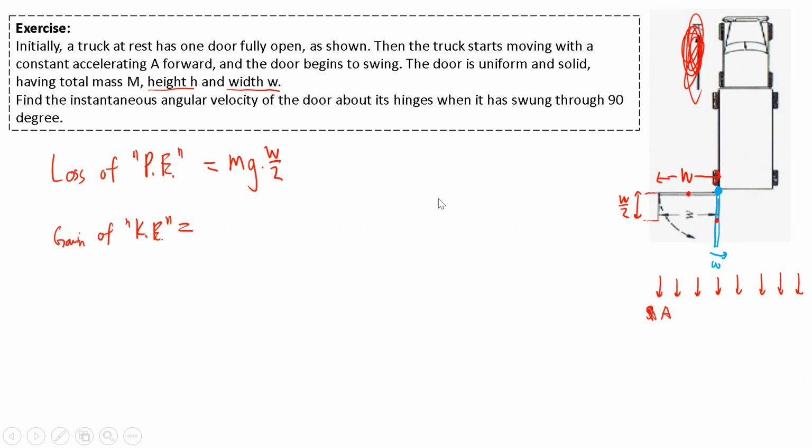So what is the KE? It is 1/2 times I, the moment of inertia about this point, times omega squared. Therefore, 1/2 I omega squared is just mg times W divided by 2.